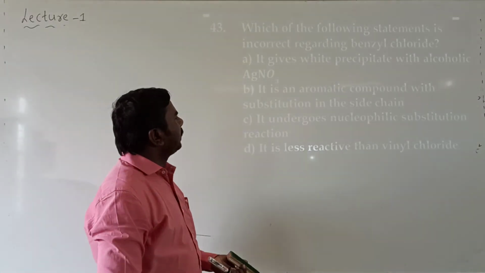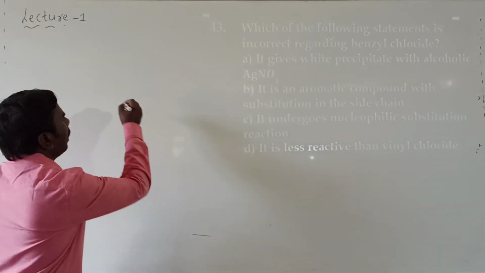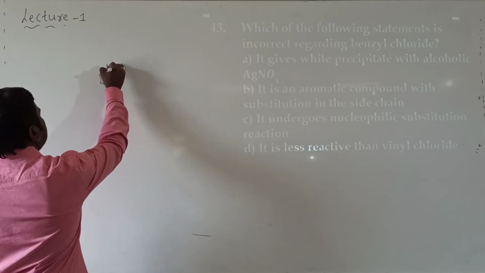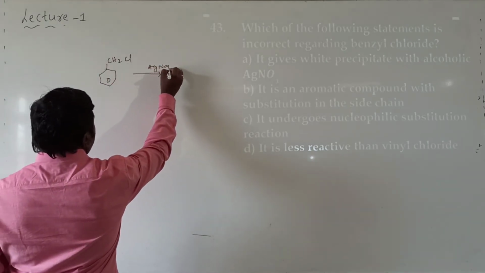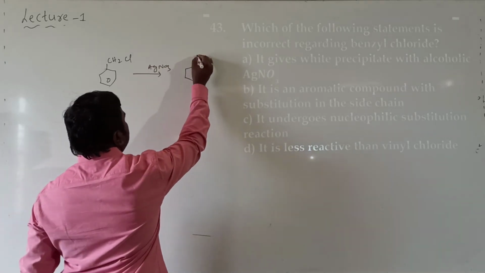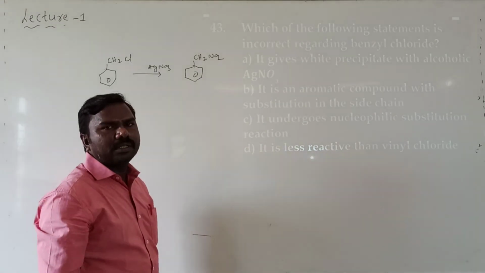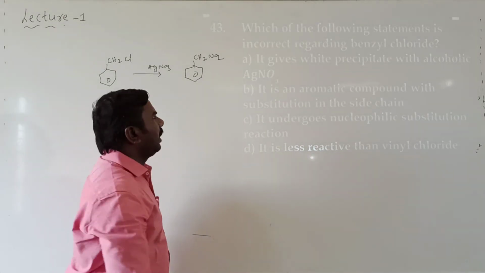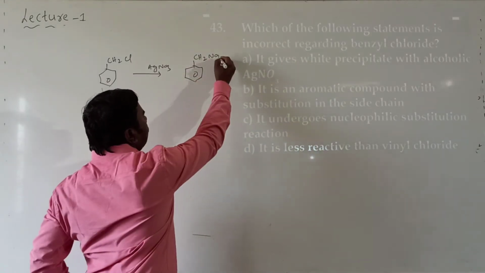Yes, it gives a white precipitate with alcoholic AgNO3. Benzyl chloride means benzene CH2Cl. With AgNO3, it gives AgCl, the white precipitate.